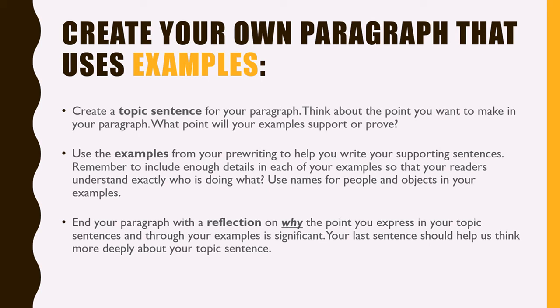And remember to use names for people and objects in your examples, because that will help it sound more specific for your readers. After you've done that, you want to end your paragraph with a reflection on why the point you express in your topic sentence or through your examples is significant to you. So your last sentence should help us think more deeply about your topic sentence.